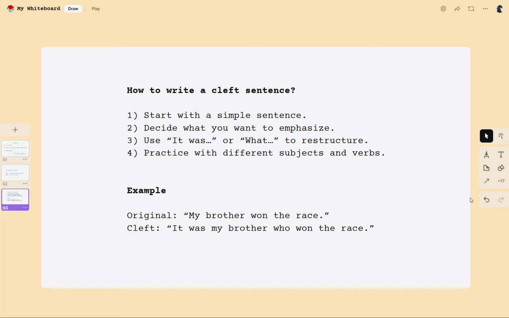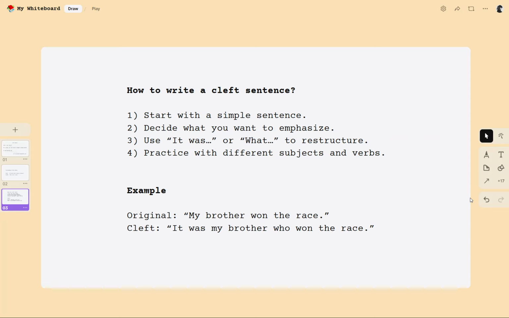As an example, your original sentence can be, my brother won the race. My brother won the race. But I want to emphasize the fact that it was my brother who won the race, right? I want to emphasize the brother, or I want to emphasize the winning, or the brother winning, right?